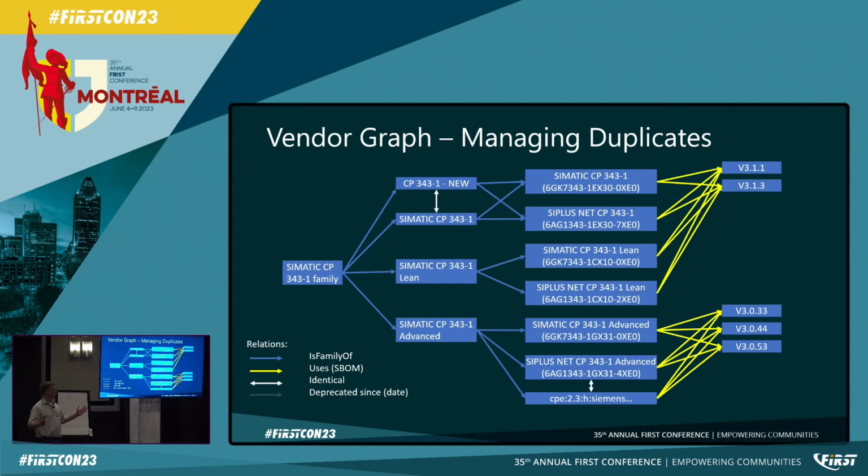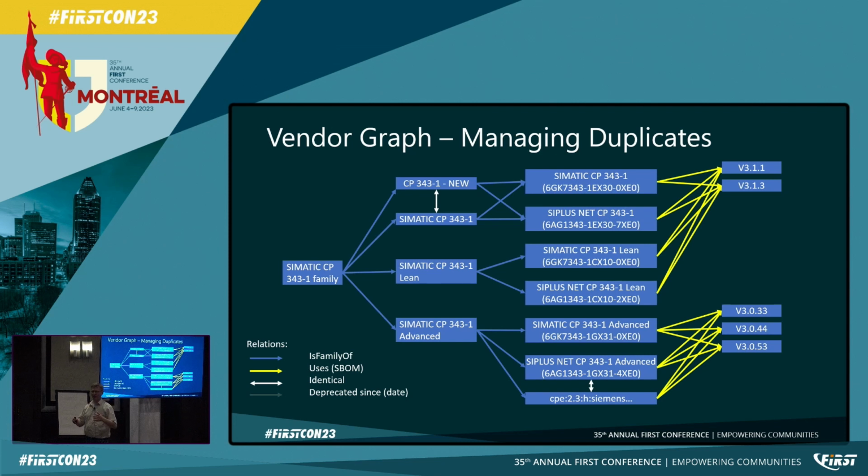That's not all the relations there are. You can have another relation that's called "identical". If you look at that one, you can say this product name is identical with that product name, and that could be a CPE, for example.